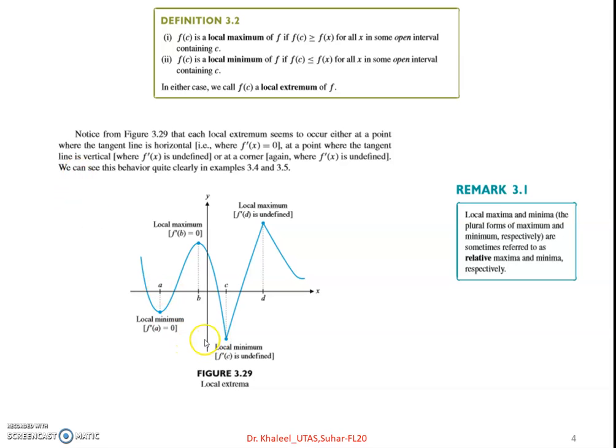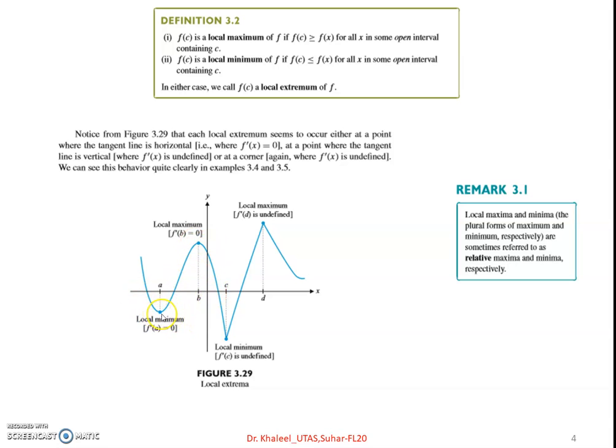Or you draw a line here, it is not a tangent, because this is a corner, or you can say a sharp edge. Wherever you have a sharp edge, we know that the derivative is not defined. So that means at this point there is no tangent, that means the derivative is not defined. At sharp edges there is no derivative, but wherever you have a curve, there is a tangent.